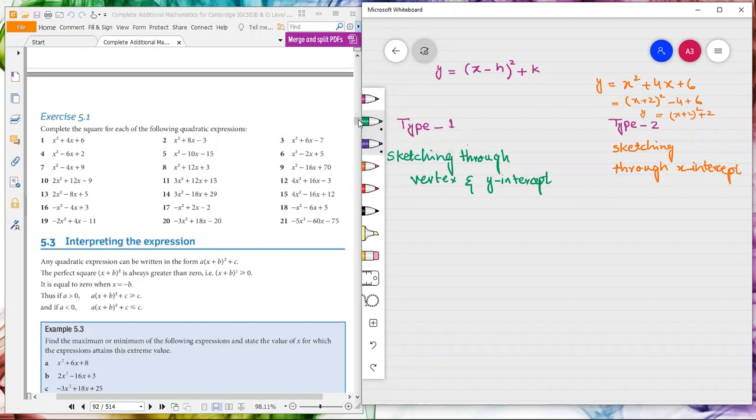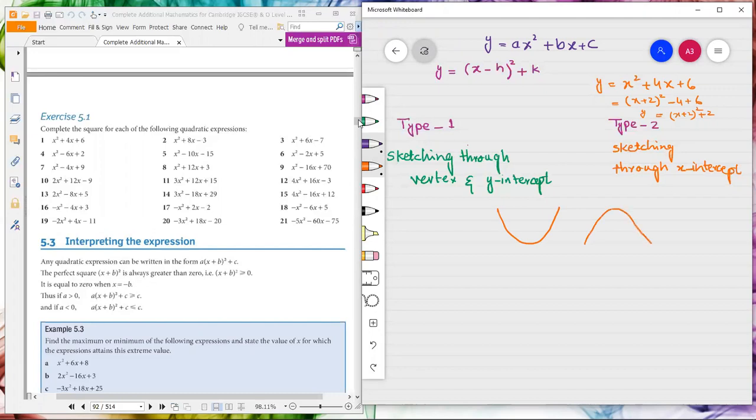The standard form of quadratic function, I think you know, is y is equal to ax square plus bx and plus c. This is the standard form of quadratic equation. The graph of a quadratic equation is always a U shape, open upward or open downward.